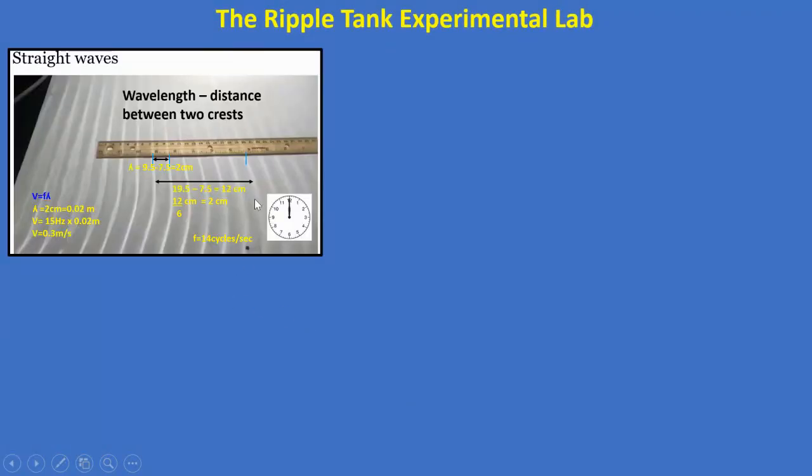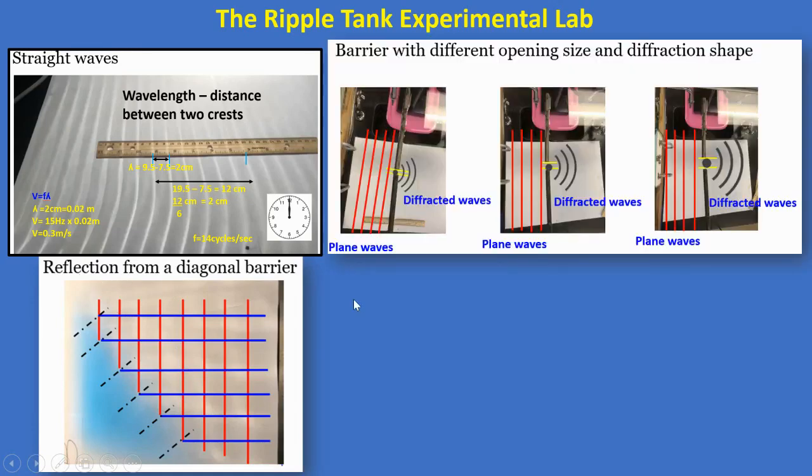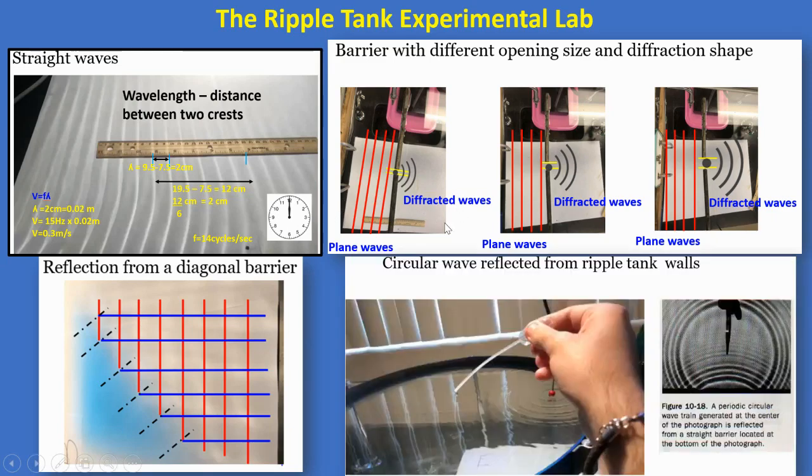In the ripple tank lab, when you did your straight waves, you could use all the information to calculate the speed of a wave, and we could verify the reflection of water, and we could verify the diffraction of water as well, the diffraction of a wave, and the circular wave reflected from ripple tank walls.